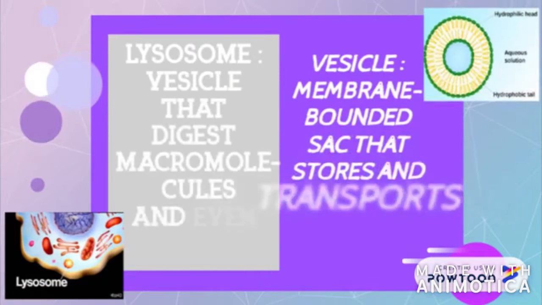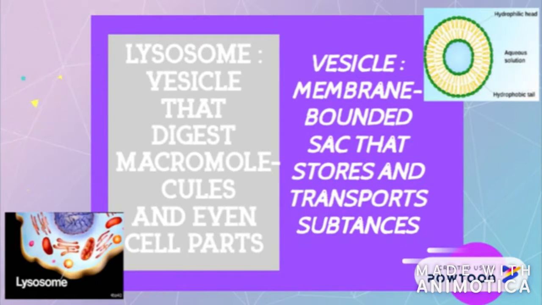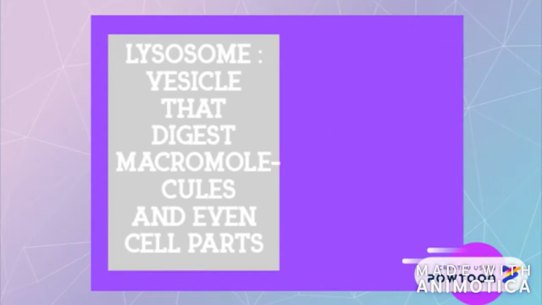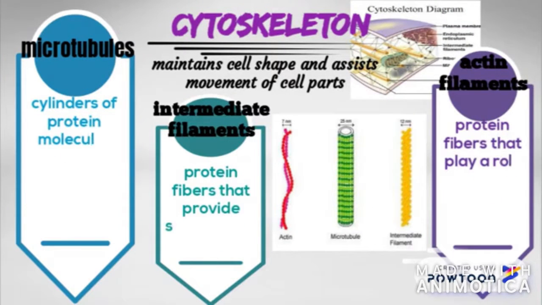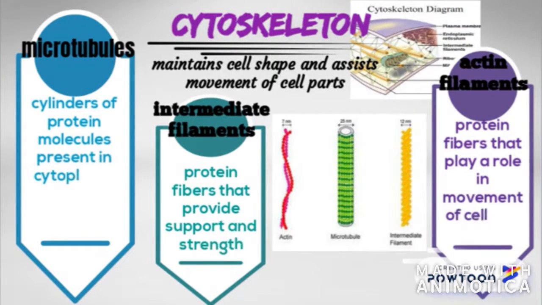Lysosome, the vesicle that digests macromolecules and even cell parts. Vesicle, the membrane-bounded sac that stores and transports substances. The cytoskeleton is a protein lattice that maintains cell shape and assists in the movement of cell parts.